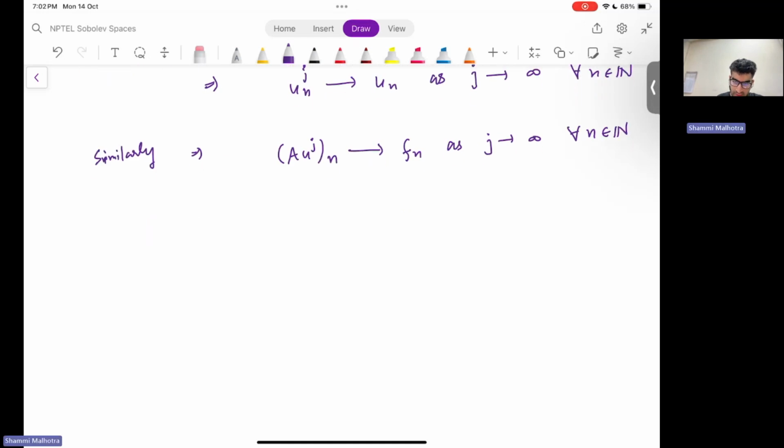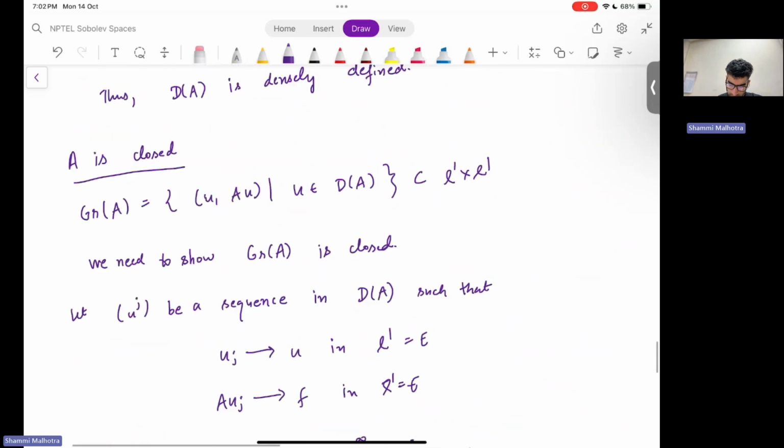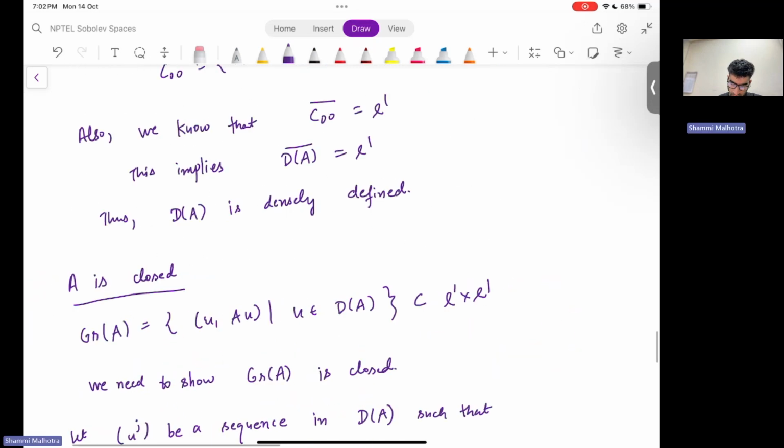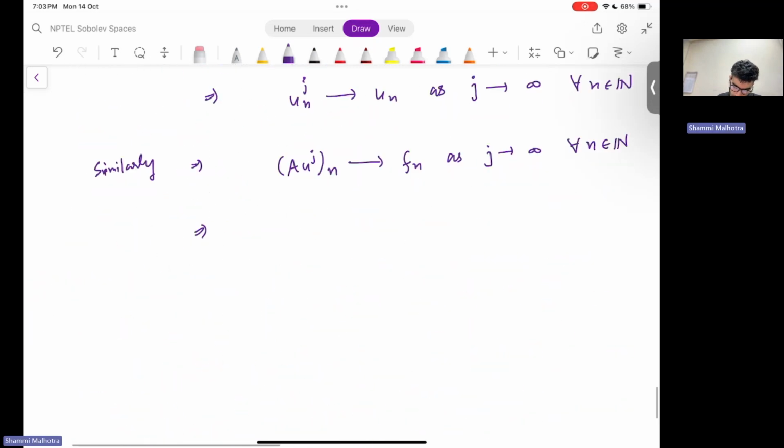But what is (Au)_n? (Au_j)_n is nothing but, as you see, defined by taking and multiplying by n. So this is n u_j^n. This converges to f_n as j tends to infinity for all n in N, and note that n is fixed here.